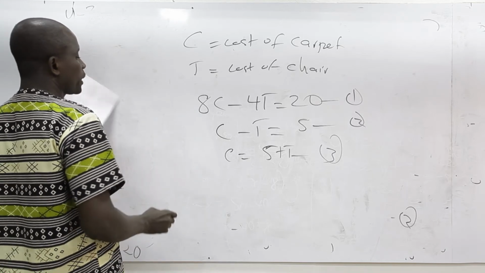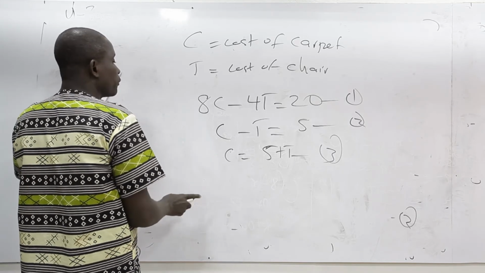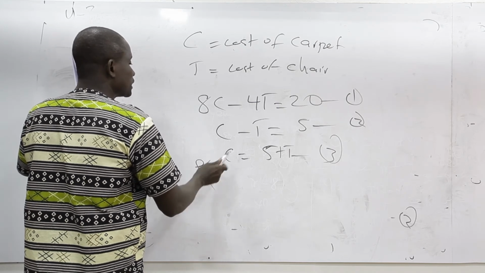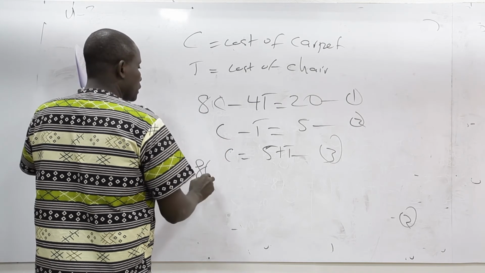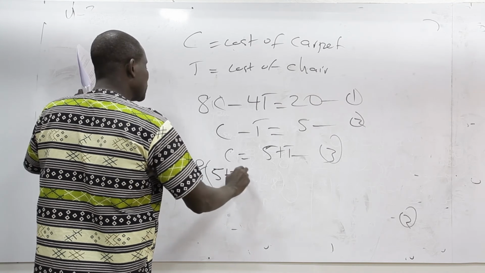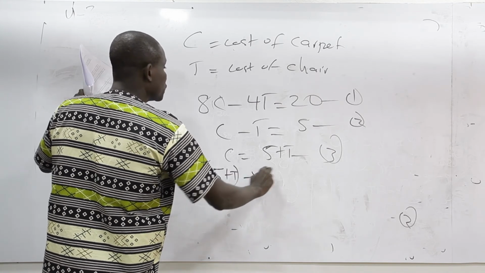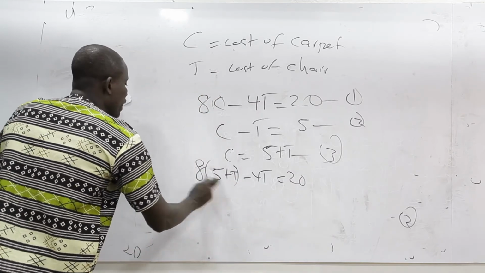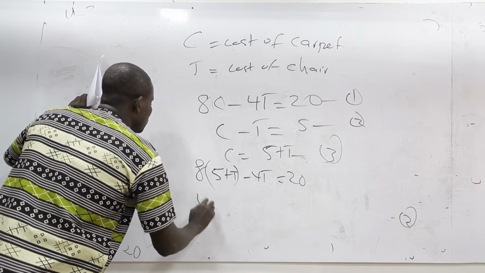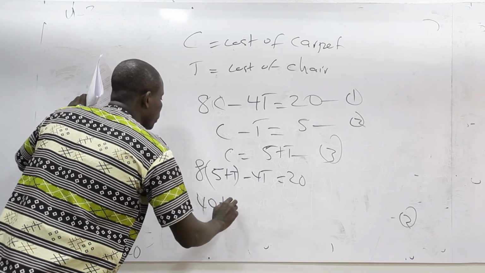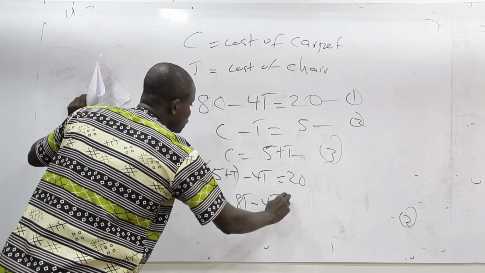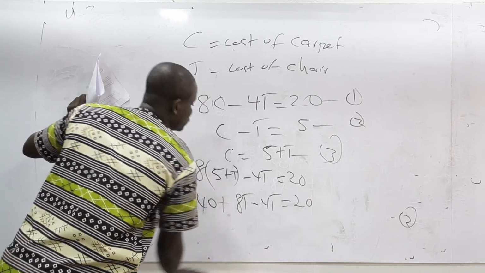Let's quickly put it, because I want to operate within some time frame now. So here, we have 8 into bracket, the C is 5 plus T, minus 4T is equal to 20, okay? So here, 8 times 5 is 40, plus 8T minus 4T is equal to 20.